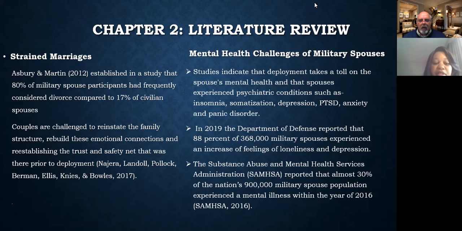prior to the deployment. So, in addition to the strained marriages, there's also mental health challenges that military spouses may endure. And the studies indicate that the deployment does take a toll on the mental health. Sometimes there's psychiatric conditions such as insomnia, somatization, as I previously named, but also PTSD and panic disorder, as well as anxiety.